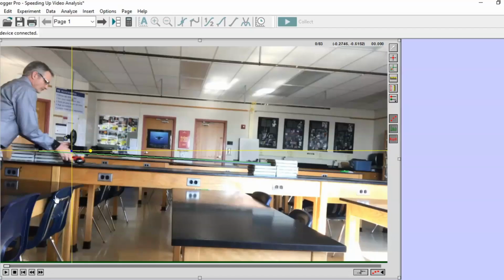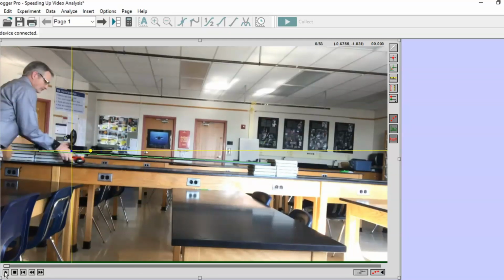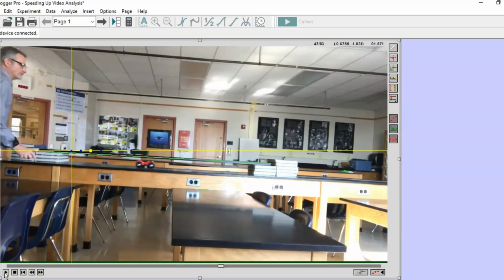Now let's take a look at an example of accelerated motion, and we're going to have a dune buggy here. And that's going to be our constant velocity motion, and the fan cart will notice the accelerated motion. So let's do that one more time. Notice that the fan cart is gaining speed while the dune buggy is maintaining a constant velocity.